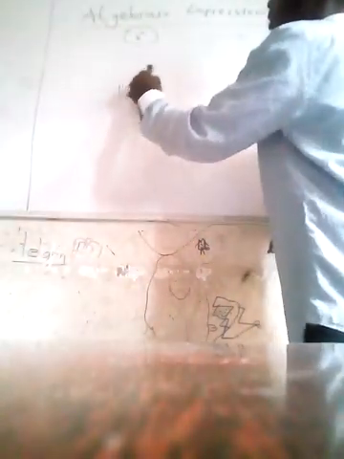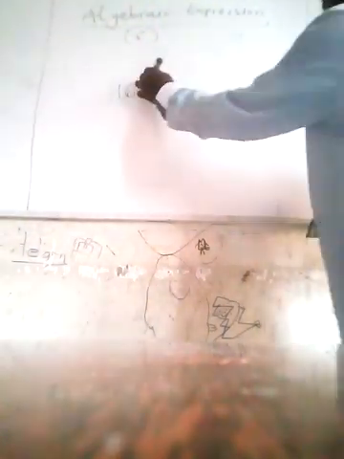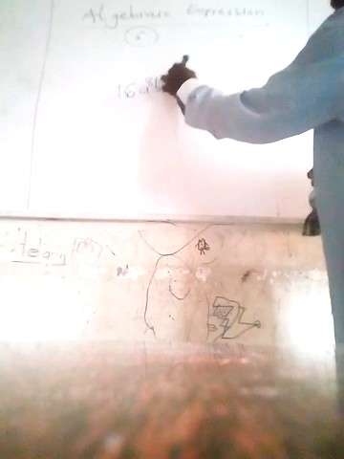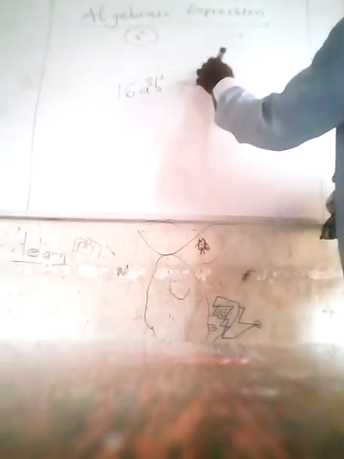So another one, division. 16a cubed b squared divided by 2ab.